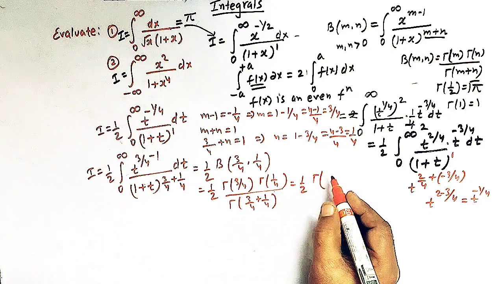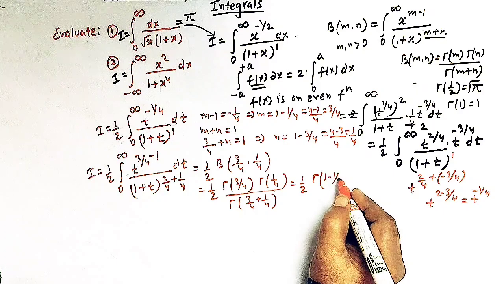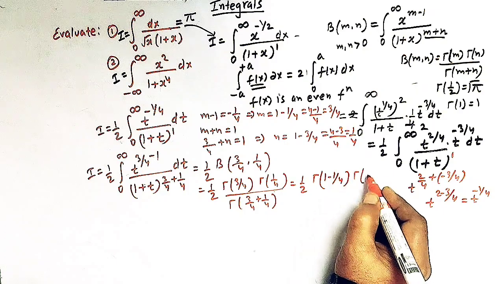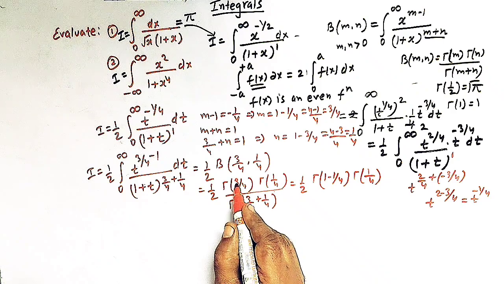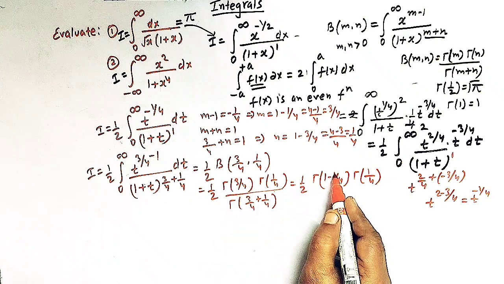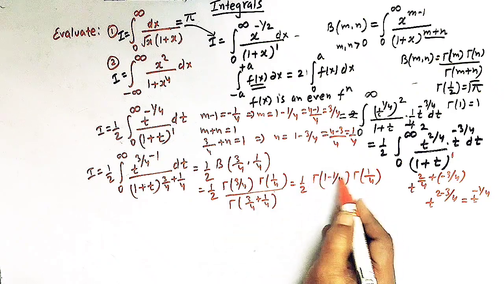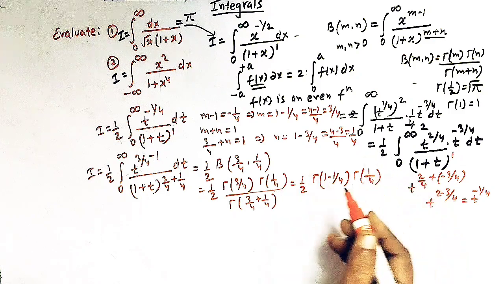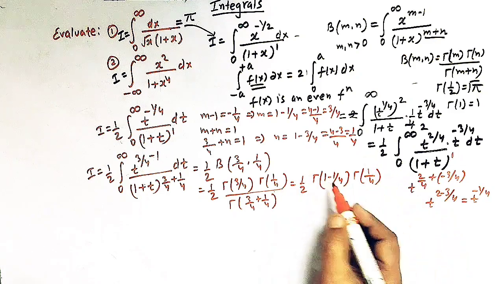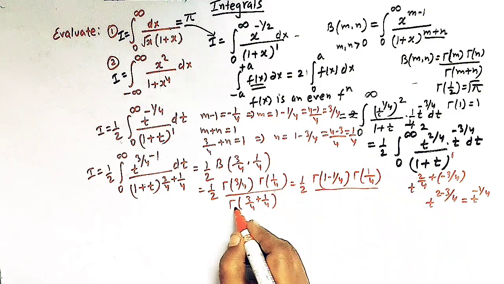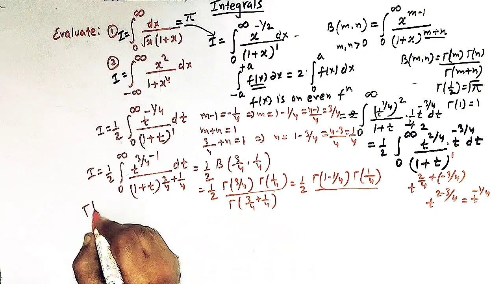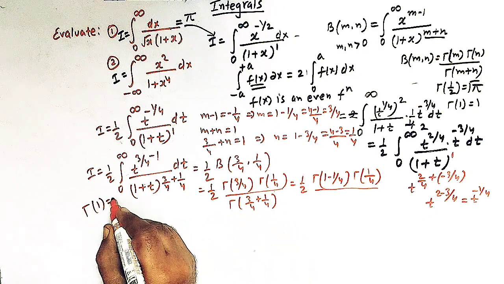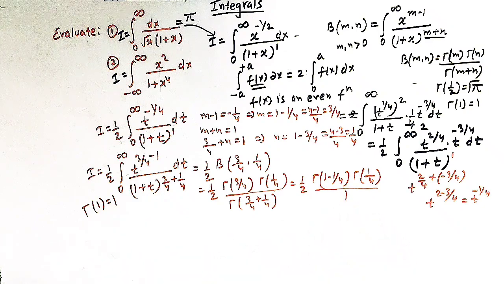Now 3 by 4 can be written as 1 minus 1 over 4, and here we have gamma 1 over 4. We have written 3 by 4 as 1 minus 1 over 4 because here we are going to use the famous Euler's reflection formula. So here we have 3 plus 1, 4 over 4 is 1, that is gamma 1, and gamma 1 is equal to 1.